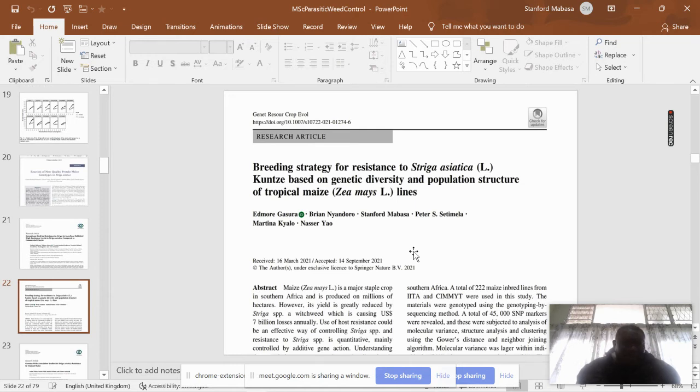You can also read this paper, Breeding Strategy for Resistance to Striga asiatica, based on genetic diversity and the population structure of tropical maize lines. It's part of work which contributed to the development of maize with some Striga resistance.